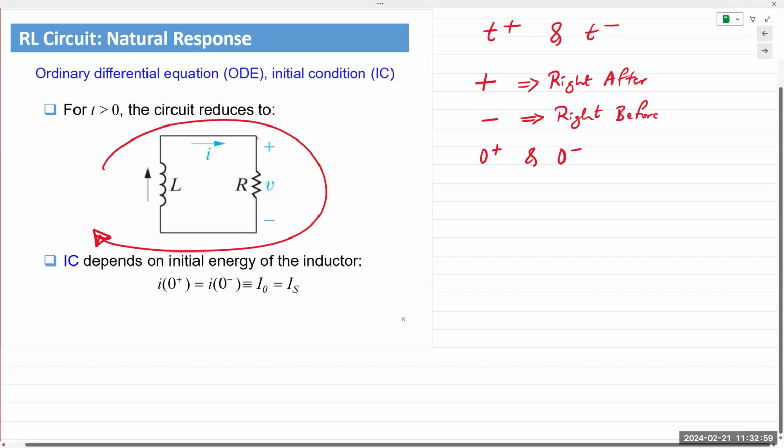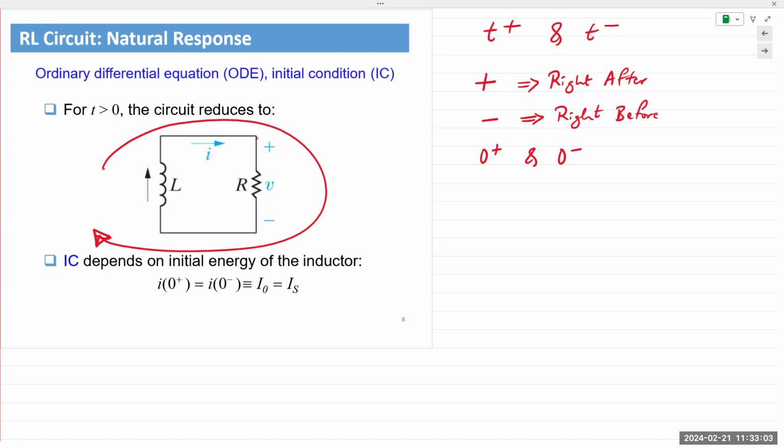Because remember, we have no source here. So we need to establish what the current is. And we get that value from the time before the switch was flipped. Before the switch was flipped, which is 0 minus, the initial value of the current is equal to the source IS. Yes.